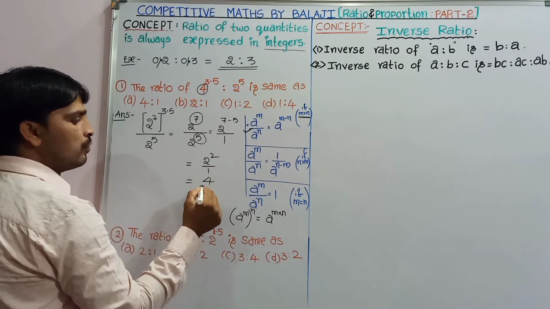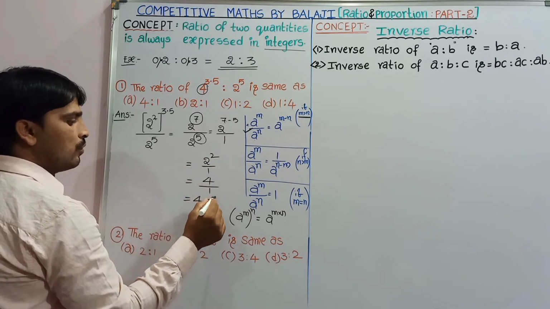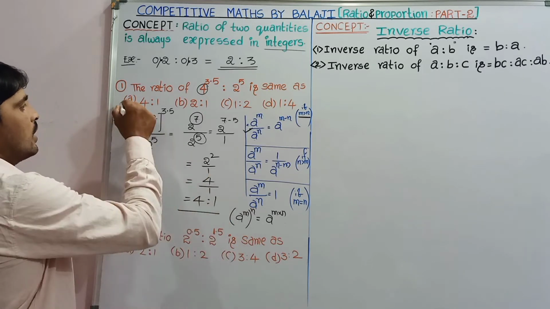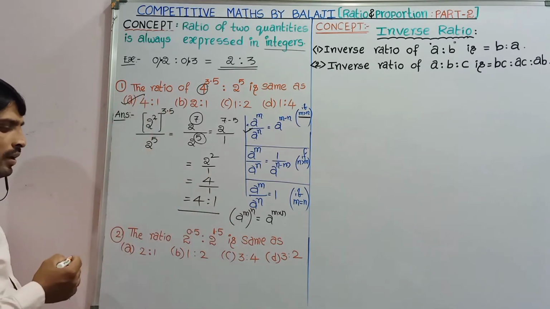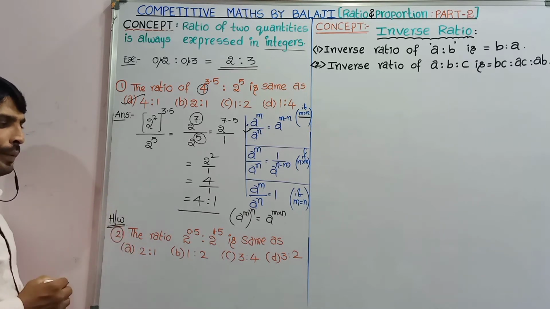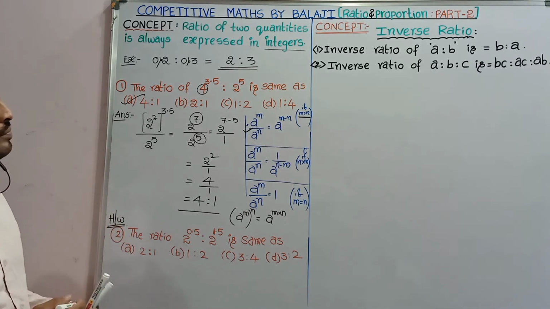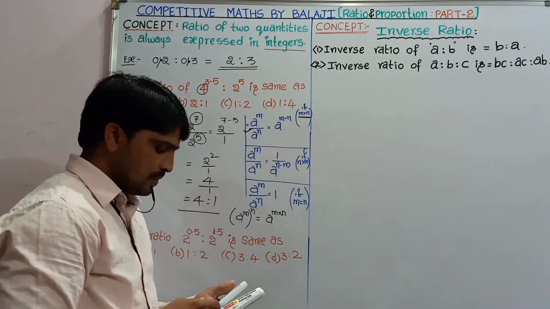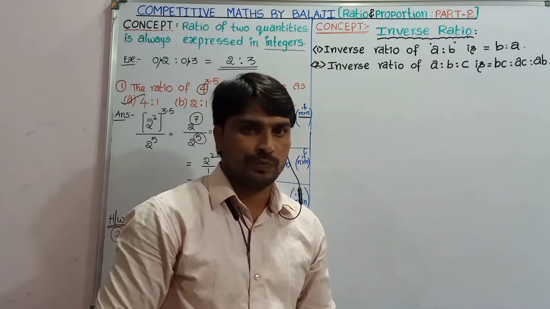What is the value of 2 square? 4 by 1, which can be written as 4 is to 1. So the answer is A. In the same manner, one problem is homework for you. Try it by yourself.